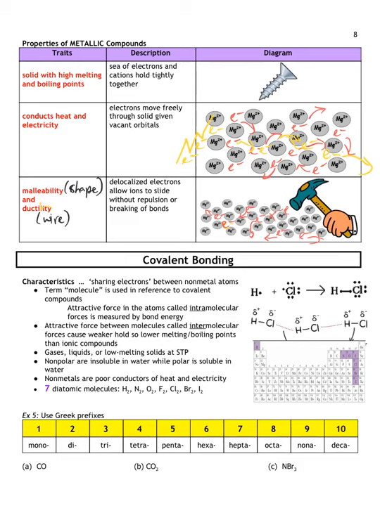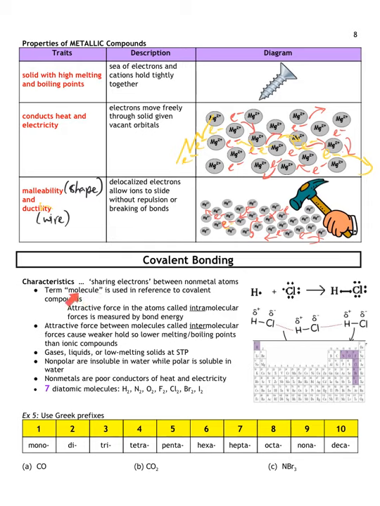All right, finishing metallic, we get into this next category called covalent bonding. This is a gigantic section. It's all on covalent bonding, and it's more complex. That's why this is a very big section. When it comes to covalent compounds, we're talking about sharing between nonmetals.